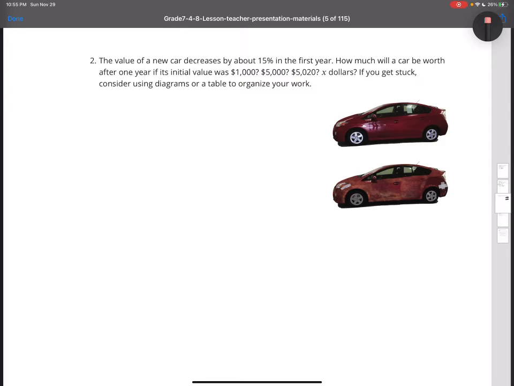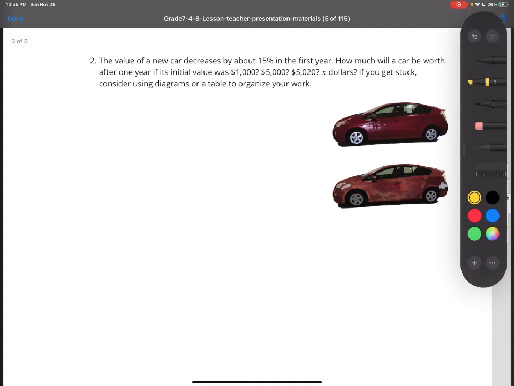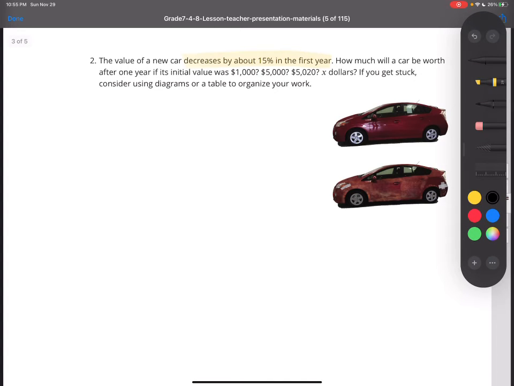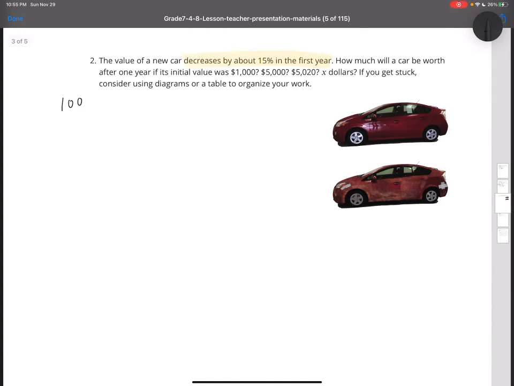Okay? So we're dealing with a decrease this time. Now, if it was a percent increase, we'd be adding that given percent. But in this case, we're actually subtracting. So we need to subtract 100 minus 15, which would give me 85%.